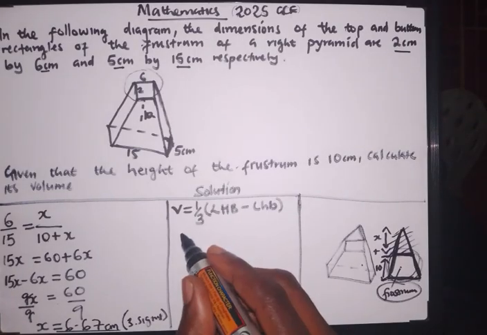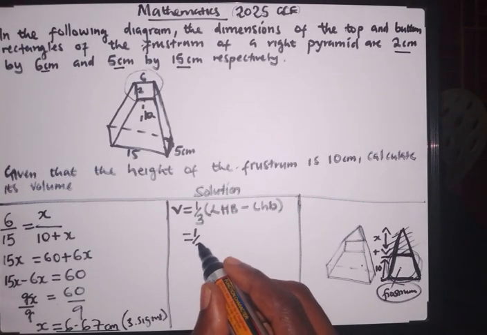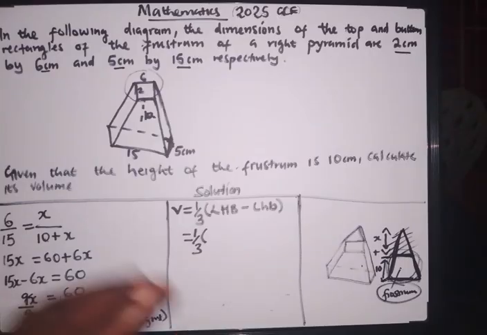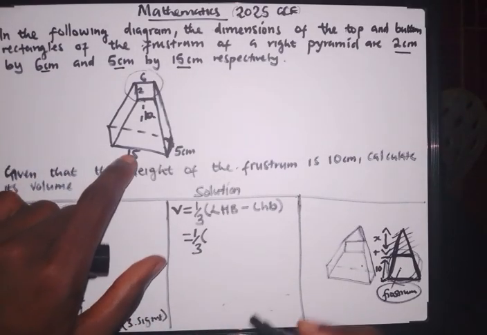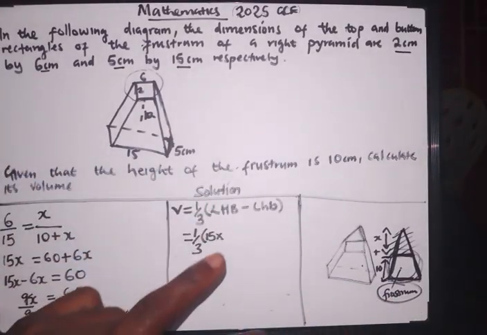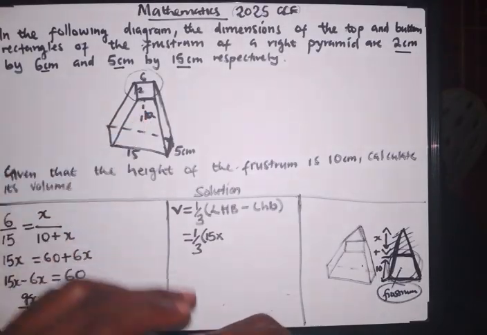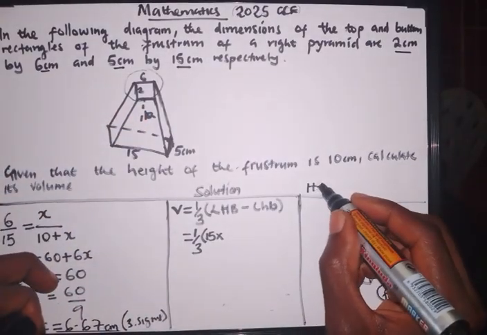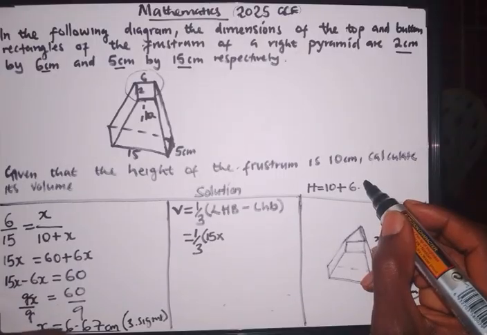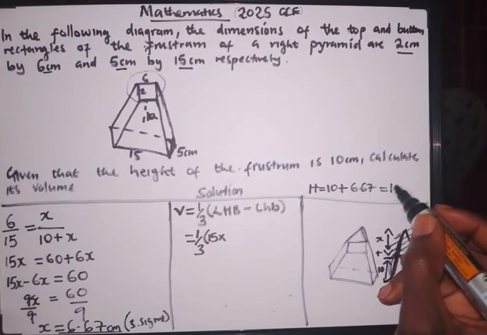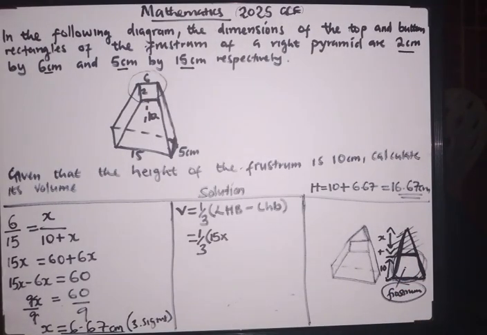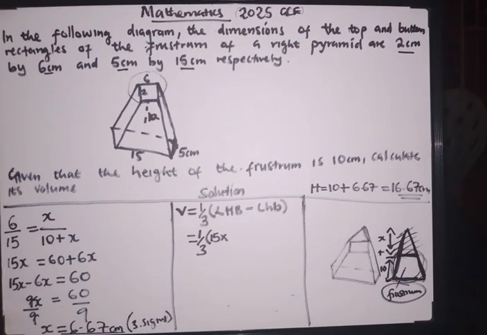So our volume is 1/3. What is the length of the bigger rectangle? The length of the bigger rectangle is 15 multiplied by the height. Remember, the height is not 10, but the height of the bigger pyramid is 10 plus the smaller height, which is 6.67, which gives us 16.67 centimeters as our bigger height.